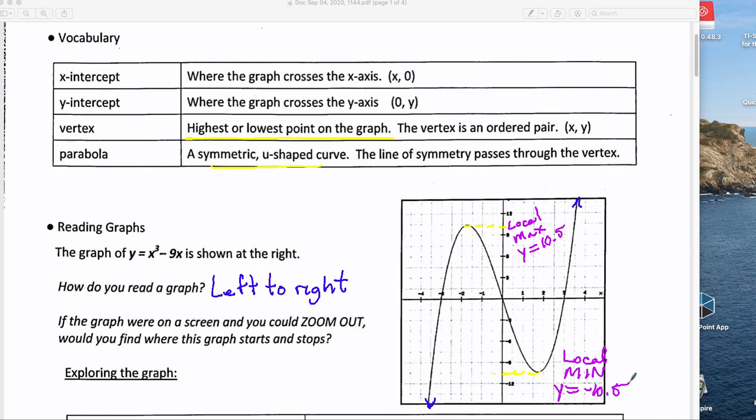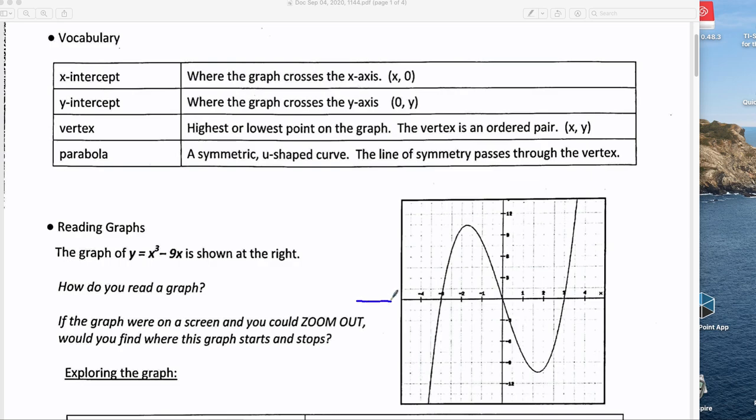What is the first value for the x's? Let's look at that. Let me erase everything, that's faster. For the first value for the x's, I'm going to read it from left to right again. So starting over here, remember we had arrows down here. Reading this from left to right, if I look very carefully, this graph started down here at infinity.